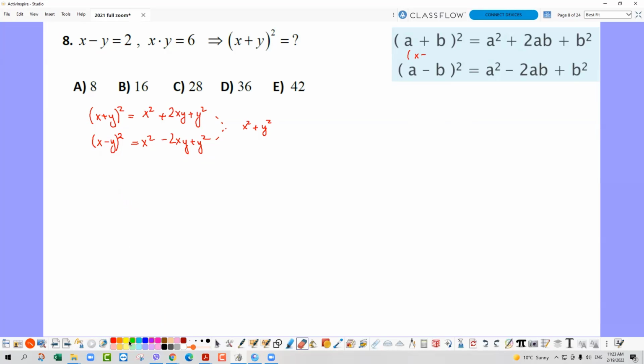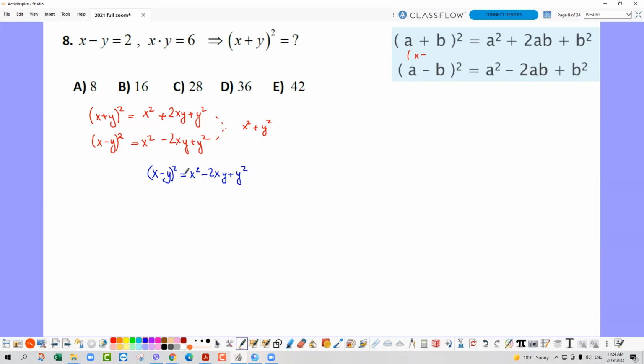I'm rewriting the equation here again. I'm going to change the color. x minus y squared is equal to x squared minus 2xy plus y squared.